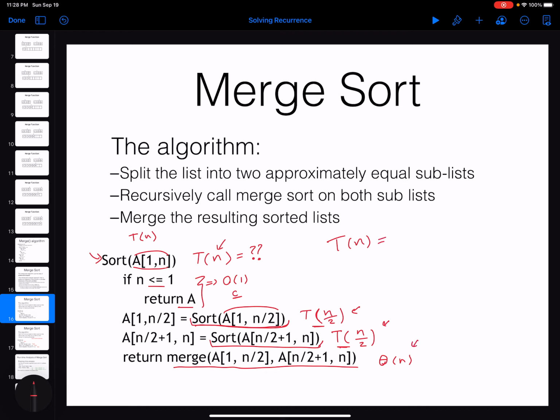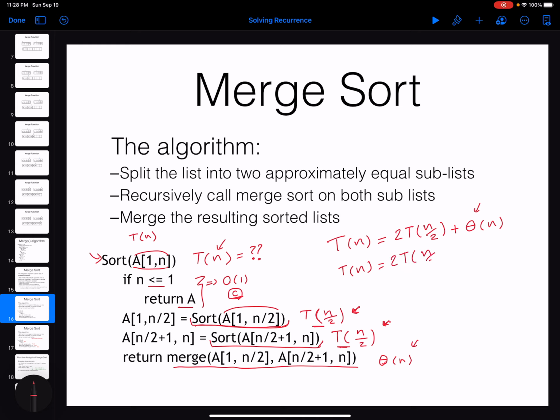So at the end, what I'm going to have is 2T of n divided by 2, for this term and this term, plus I can just write it as theta of n, because this constant amount of work can be simply ignored. Or instead of theta, you can write it in this way as well.